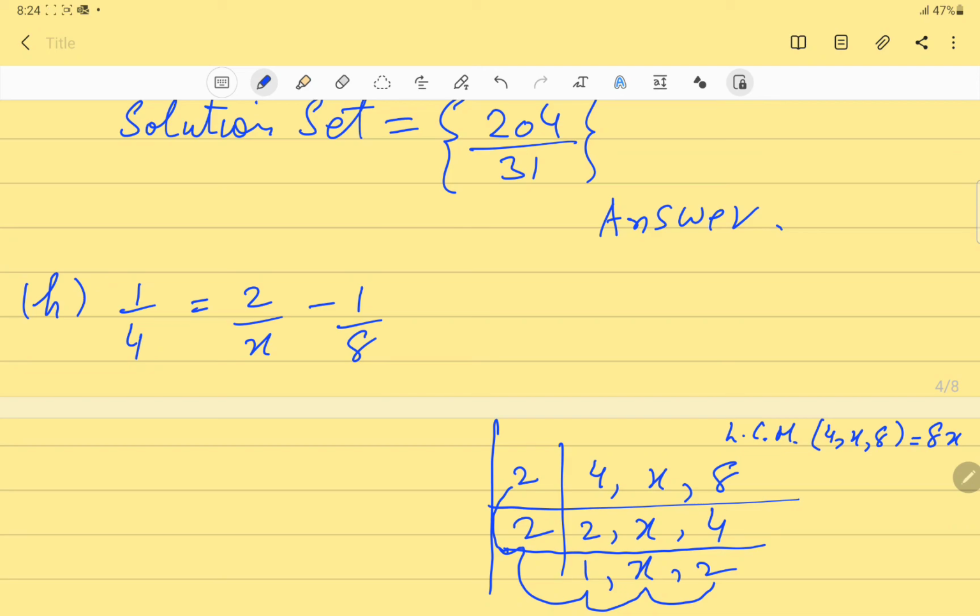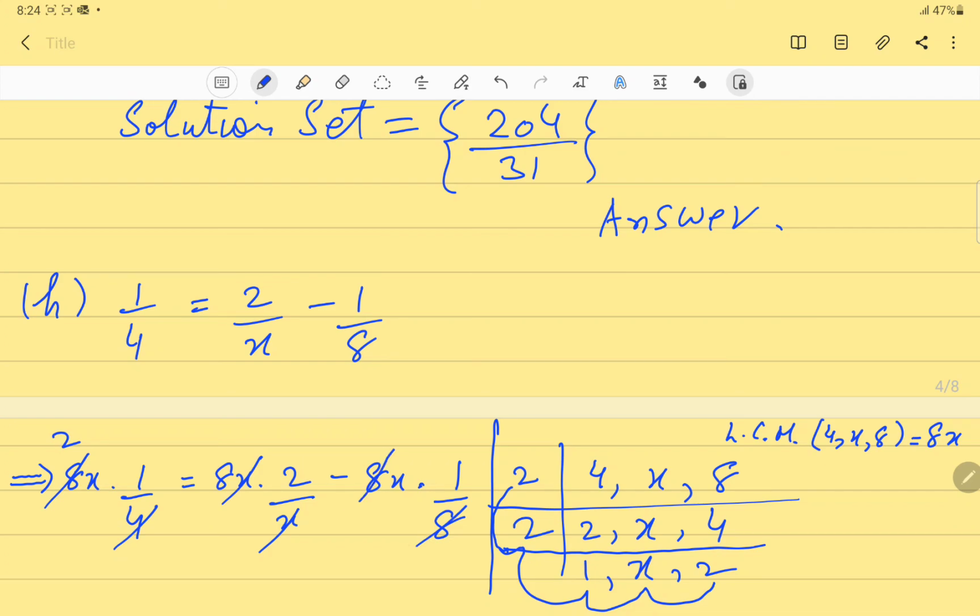So we will multiply all the fractions with 8x. 8x into 1 over 4, 8x into 2 over x, 8x into 1 over 8. Let us simplify this. 4 2s are 8, x cancels with x, and 8 cancels with 8.